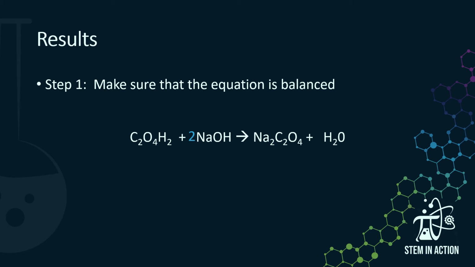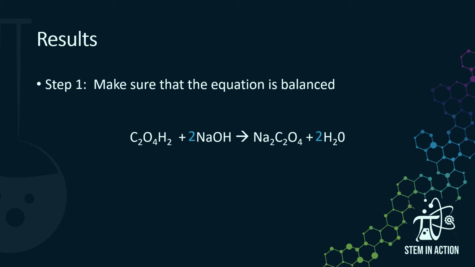The oxygens: there are 4, 5, 6 on the left hand side now, and there are 4, 5 on the right hand side. So we need to add another oxygen. Now we've got 6 on the left and 6 on the right hand side. Then let's quickly check hydrogens.